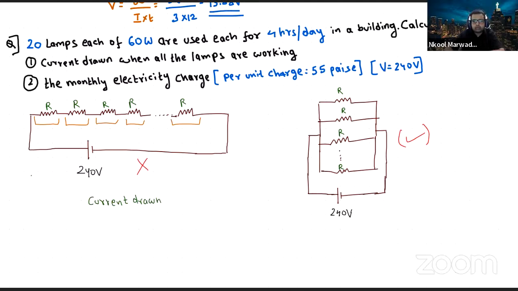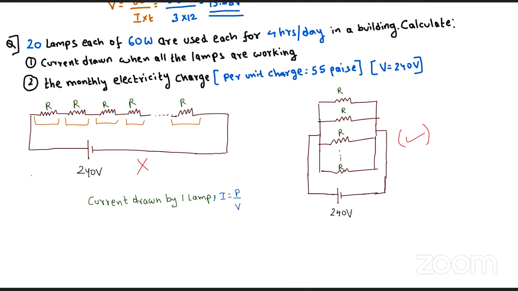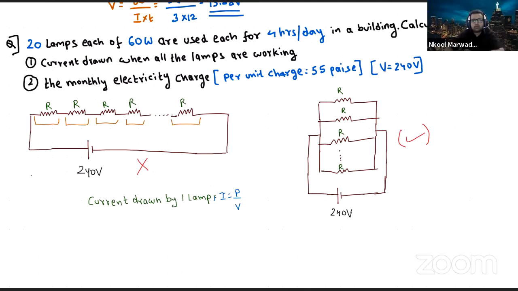We know P is equal to VI, so I will be P by V. I know the power of the bulb, 60 watt, and the voltage will be the same for all the bulbs, 240.